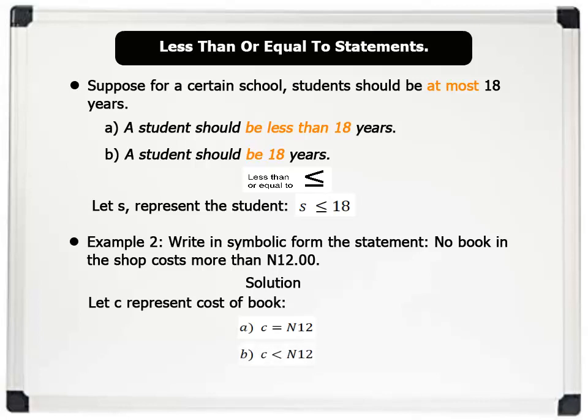B. C is less than 12 naira. This will then give us C is less than or equal to 12 naira. That's brilliant. Let us now represent linear inequalities on a number line.